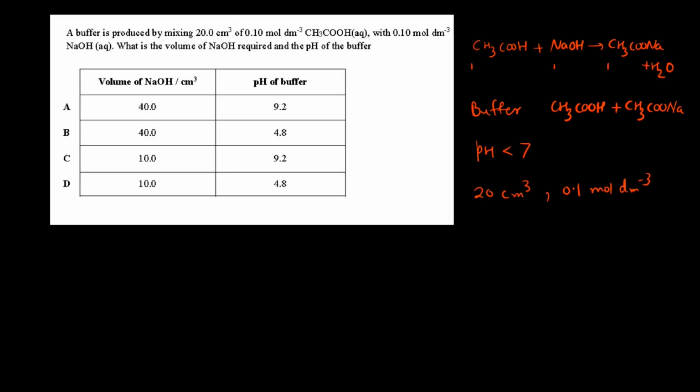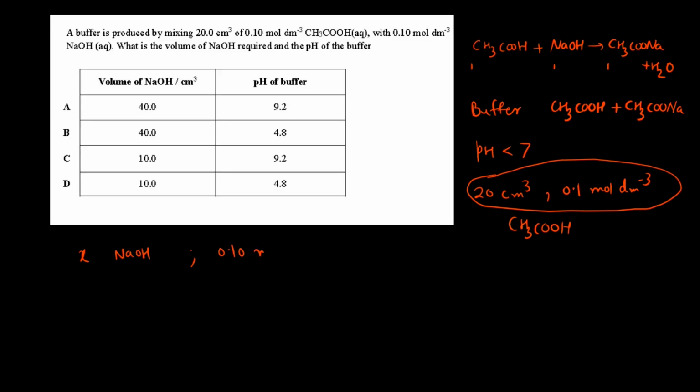This is for acetic acid, CH3COOH, and we need to find the volume of sodium hydroxide, and the concentration of sodium hydroxide is given as 0.1 mole per dm cube.